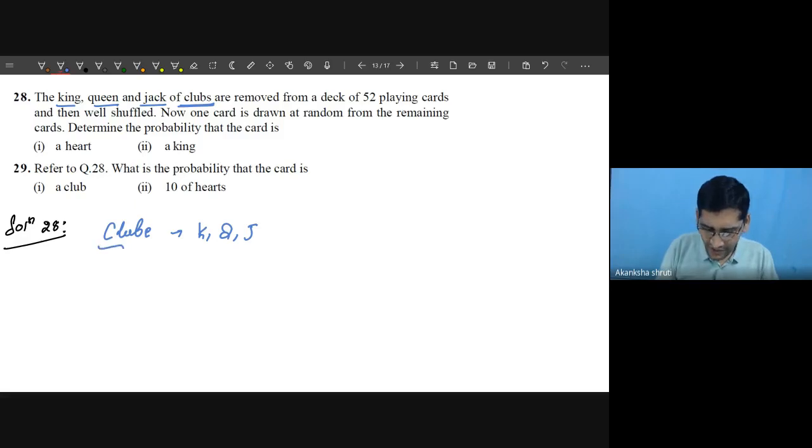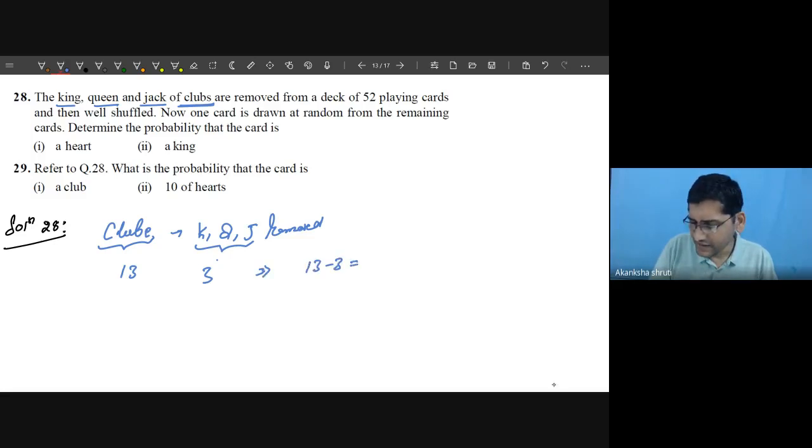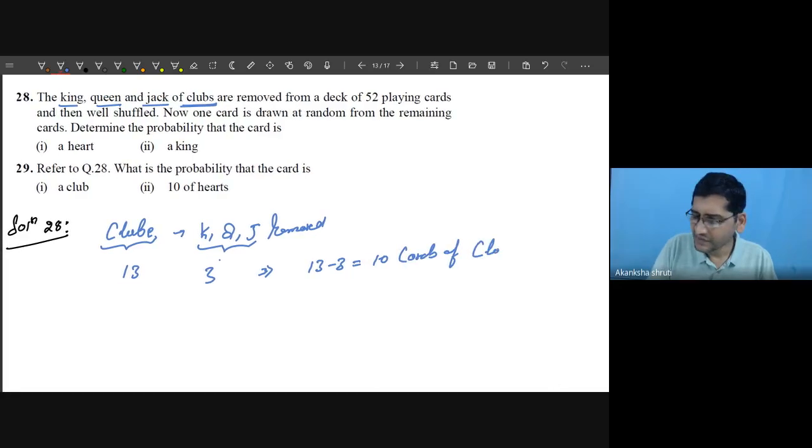So what is the number of cards in club? 13. And these are removed. Means the 3 are removed. So this 13, in this 13 you need to subtract this 3. 13 minus 3 is equals to 10 cards of club only.